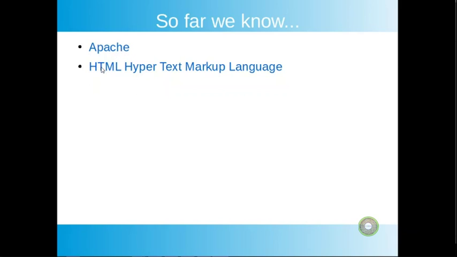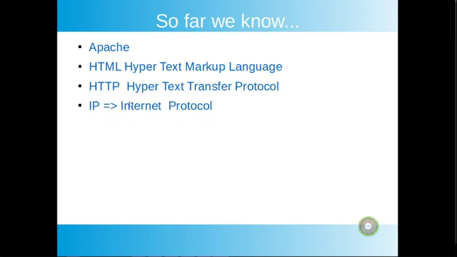Alright, so far we already know HTML, hypertext markup language, which we explained in the first video. And you already know HTTP, hypertext transfer protocol, because we are doing HTTP on our localhost. We already know what IP is, internet protocol.